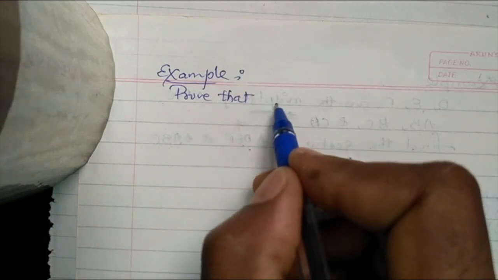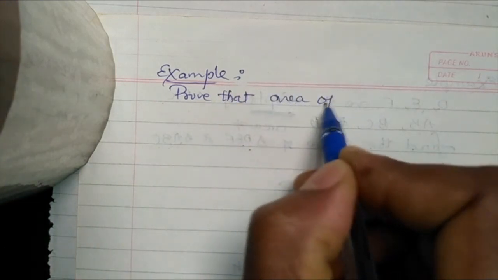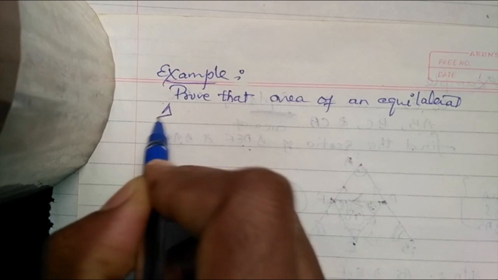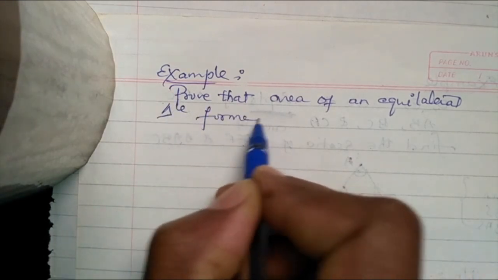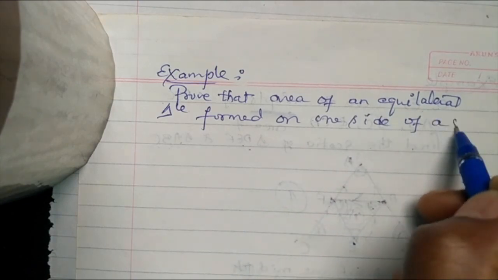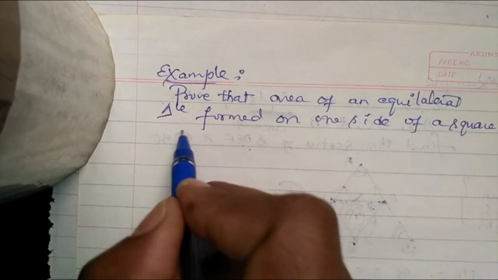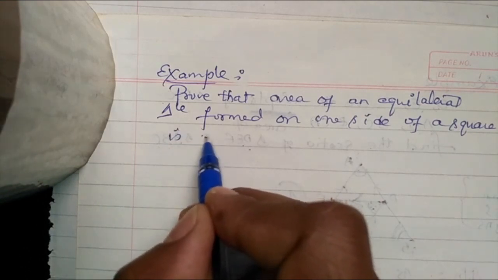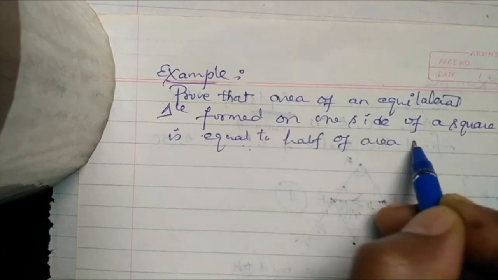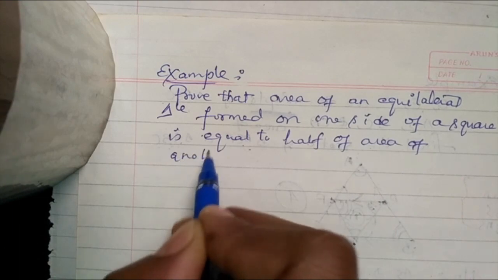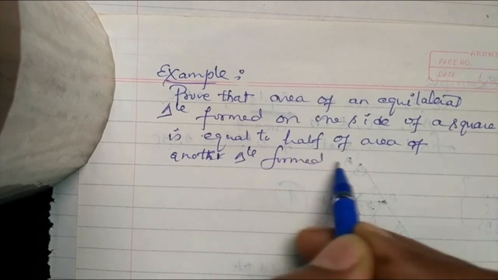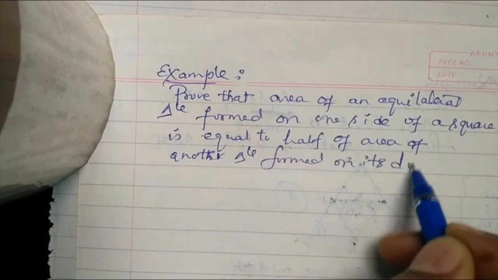Prove that the area of an equilateral triangle formed on one side of a square is equal to half of the area of another triangle formed on its diagonal.